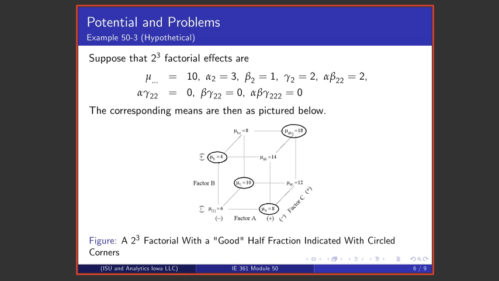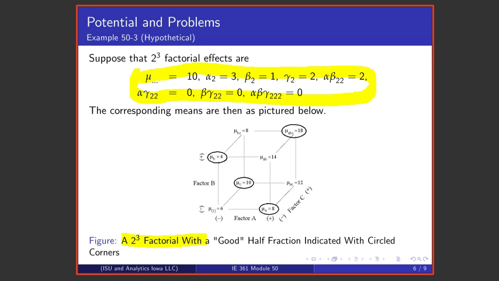Here's another example. This is a 2 cube factorial laid out here, supposing that these are the theoretical effects. So there's a grand mean, a main effect of A at second level, main effect of B, main effect of C, two-factor interactions of A and B, A and C, B and C, and then the three-factor interaction.